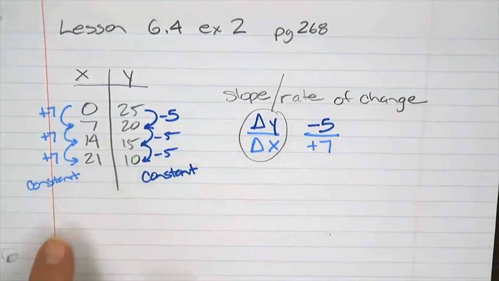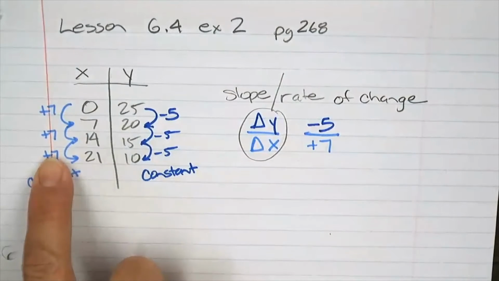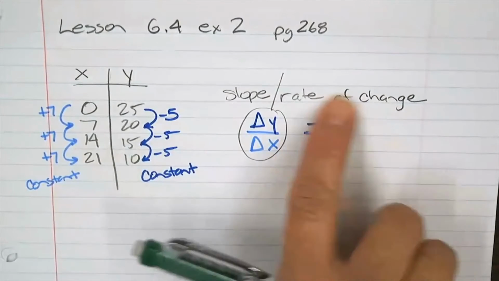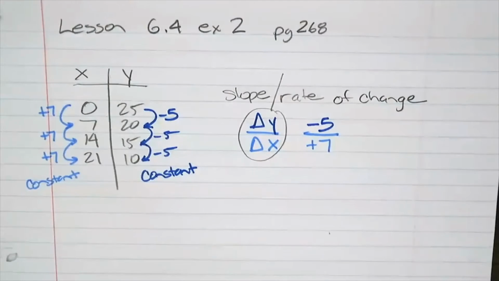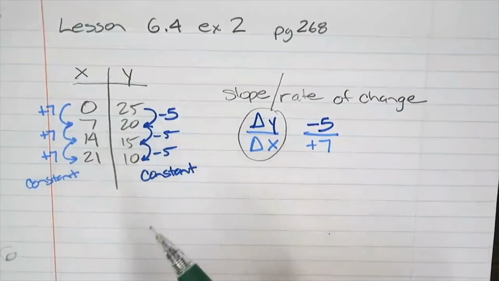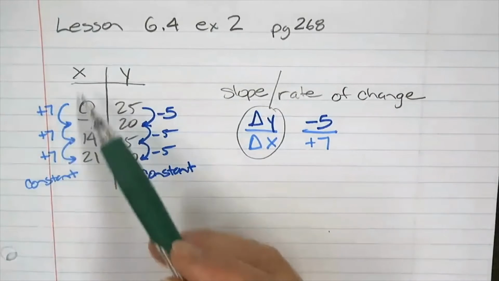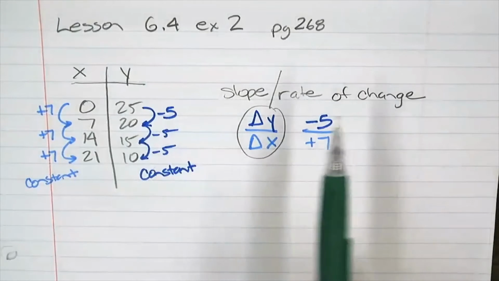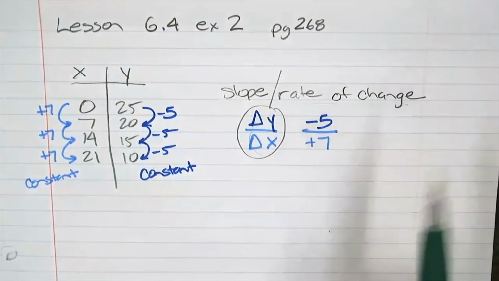So since our change in x is constant, they're all the same, and our change in y is constant, they're all the same, we have a constant slope or rate of change. If your change in x and your change in y are constant, then we have a constant rate of change or a slope.